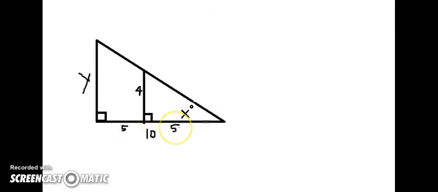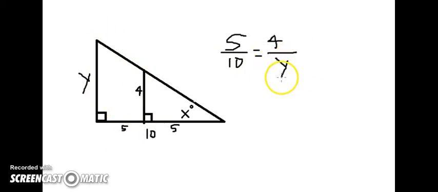So you would set this up the same way, like this 5 is to this 10, because it's this side of the small triangle to this side of the big triangle, the same way that this side of the small triangle is to this side of the big triangle. And you solve that the exact same way.